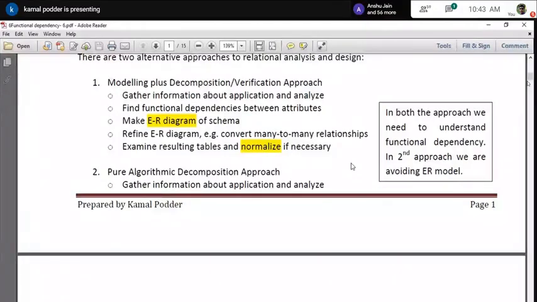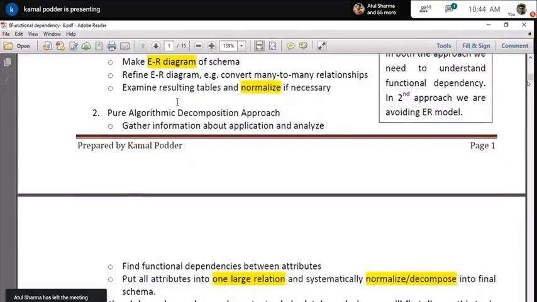You have to convert the many-to-many relationships. As soon as we find a many-to-many relationship between two relations, we have to introduce another relation in between to implement it. In this way, you complete your ER diagram. Then you examine the resultant tables and normalize them if necessary.